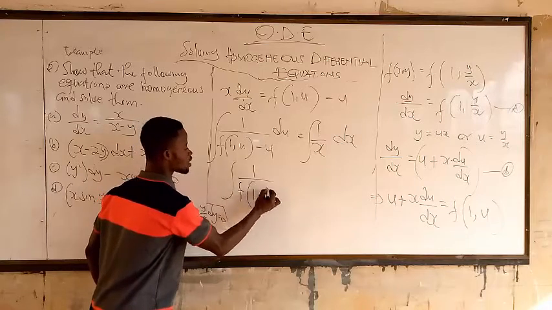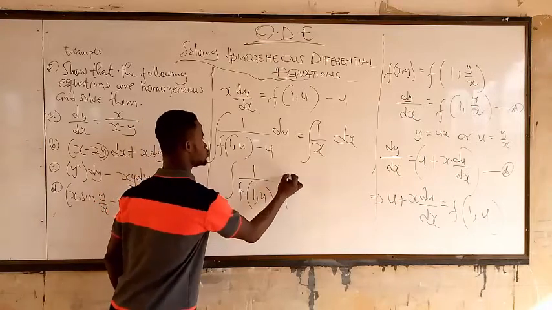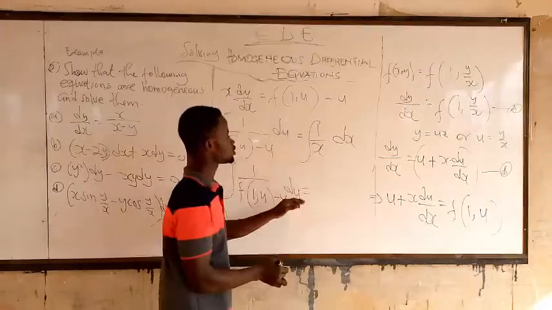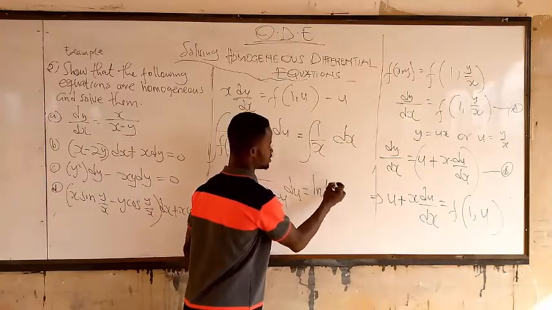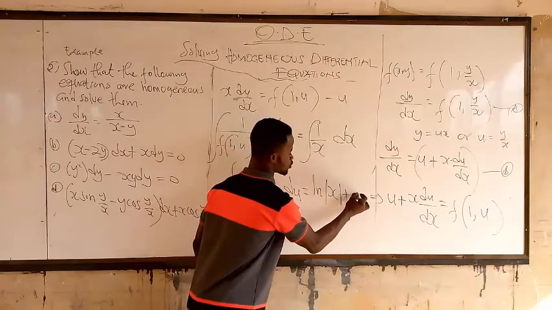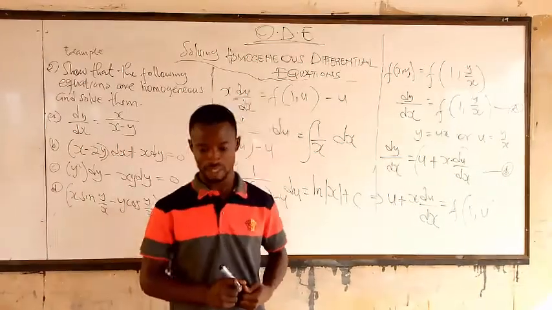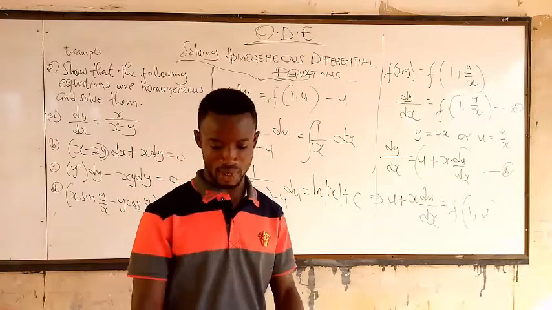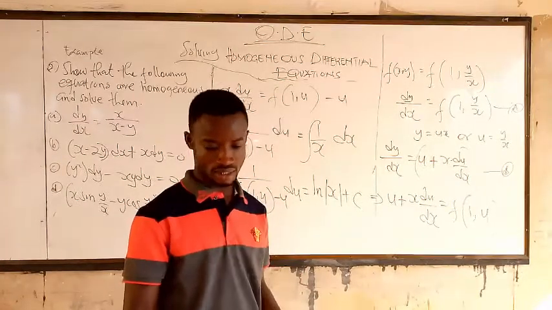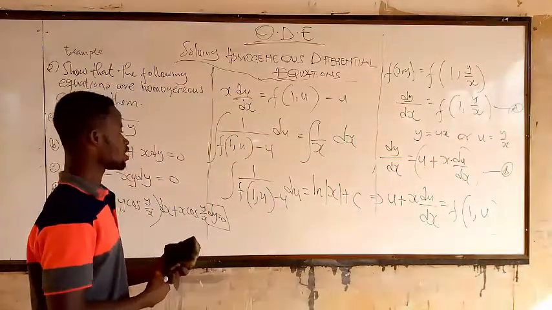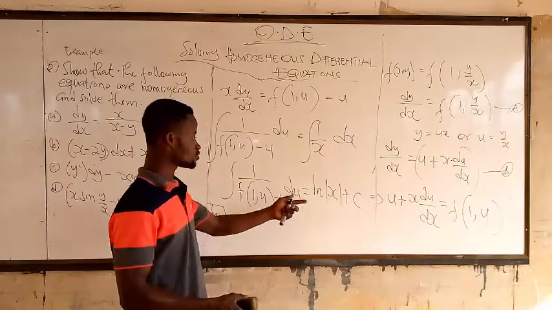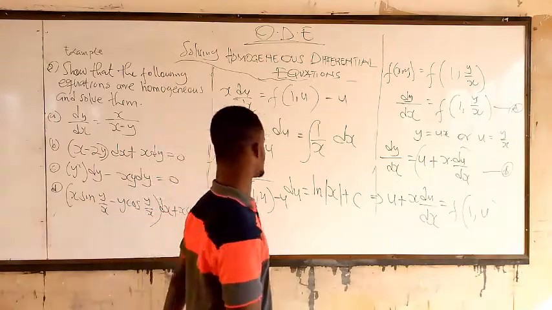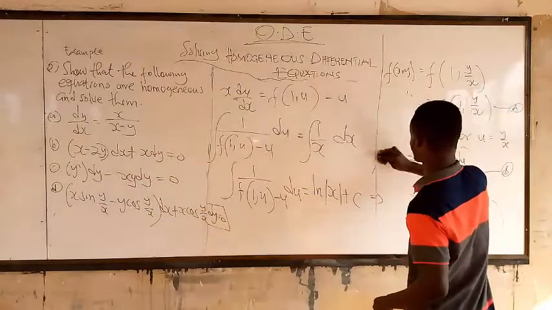So let's leave this 1 over f(1, u) minus u du to be equal to ln x plus c. And we know that with this we can combine it.